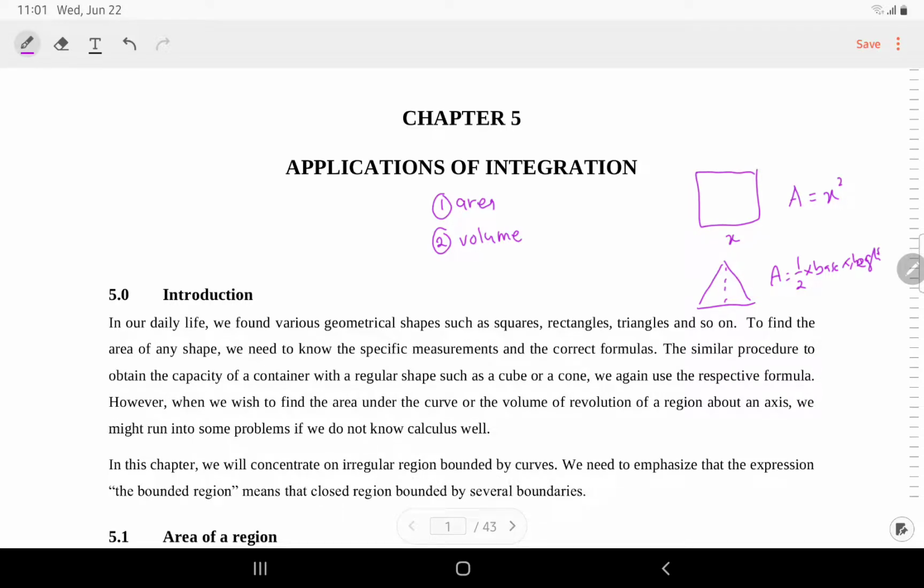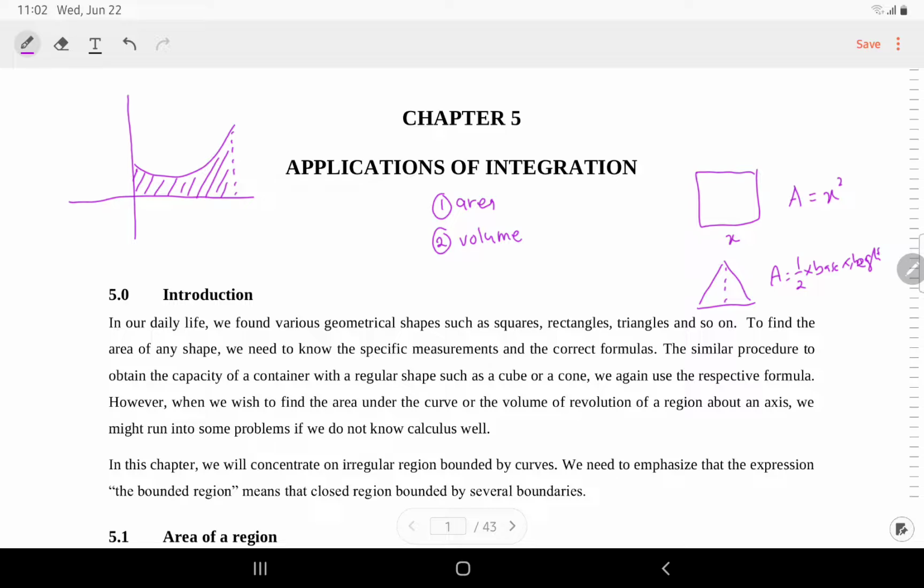But in this chapter, we wish to find the area under the curve. So we are given a graph, for example a graph with a curve like this, and we want to find the area under this curve, for example the area of this shaded region between the graph and the x-axis.